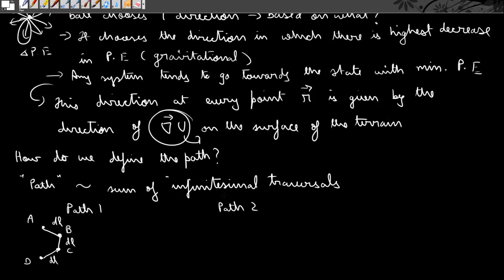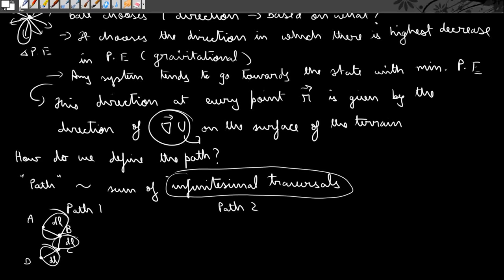So a traversal is basically how the ball goes from one node to another, and here the node represents the position of the ball in the terrain. That is how I am going to define the path. A path is basically a sum of these infinitesimal traversals.